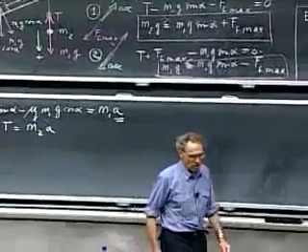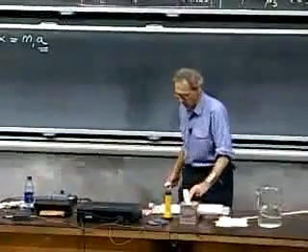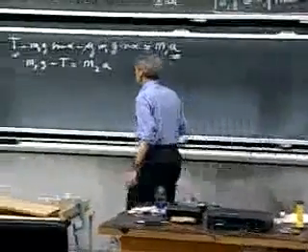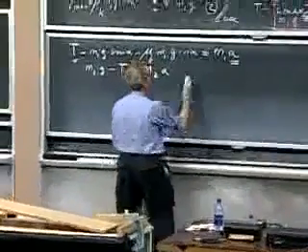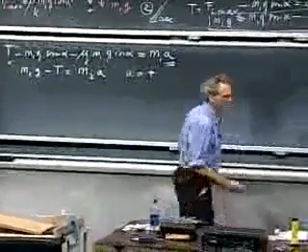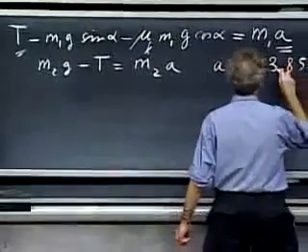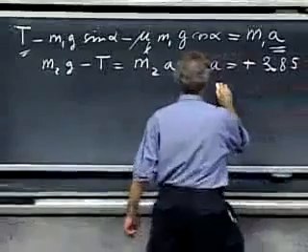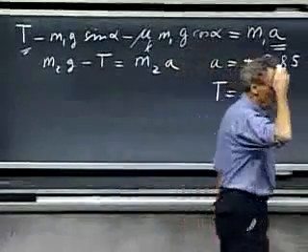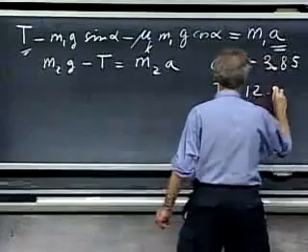It's very easy. You just add them. I'll just give you the results. I find that the acceleration A equals plus 3.85 meters per second squared. And I find that the tension equals 12.3 newtons.